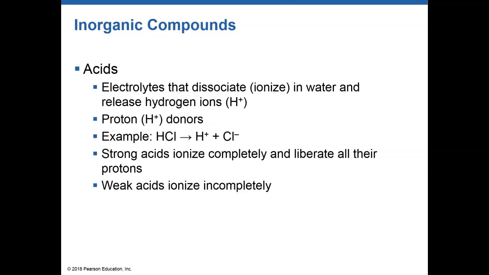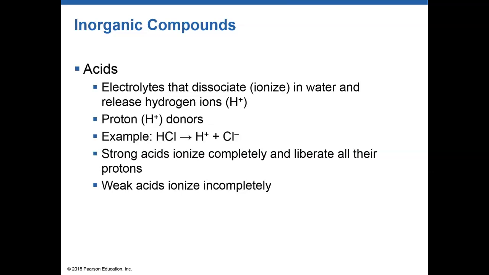Acids are electrolytes that dissociate and release hydrogen ions. A hydrogen ion is also known as a proton. Remember, proton or hydrogen atoms contain one proton and one electron. So a hydrogen ion has lost its electron and becomes just a single proton.